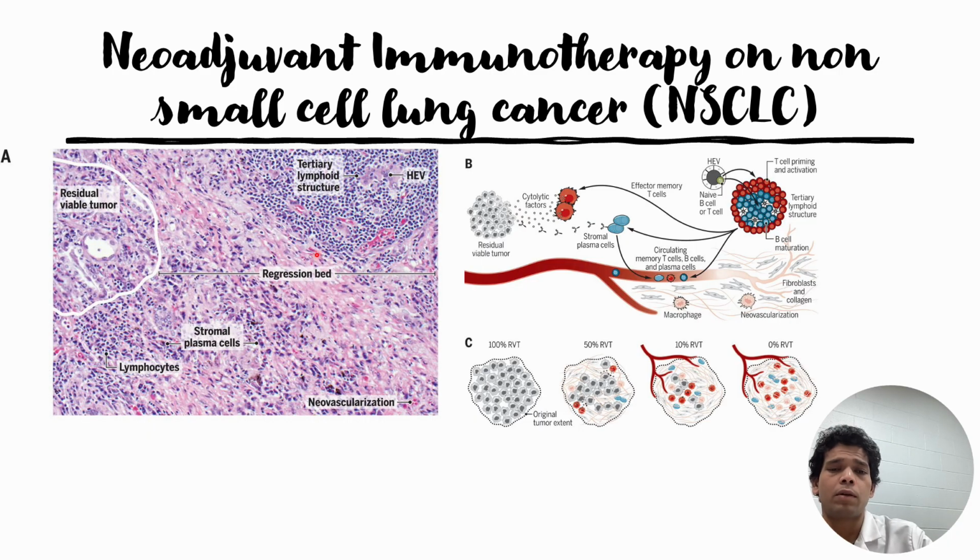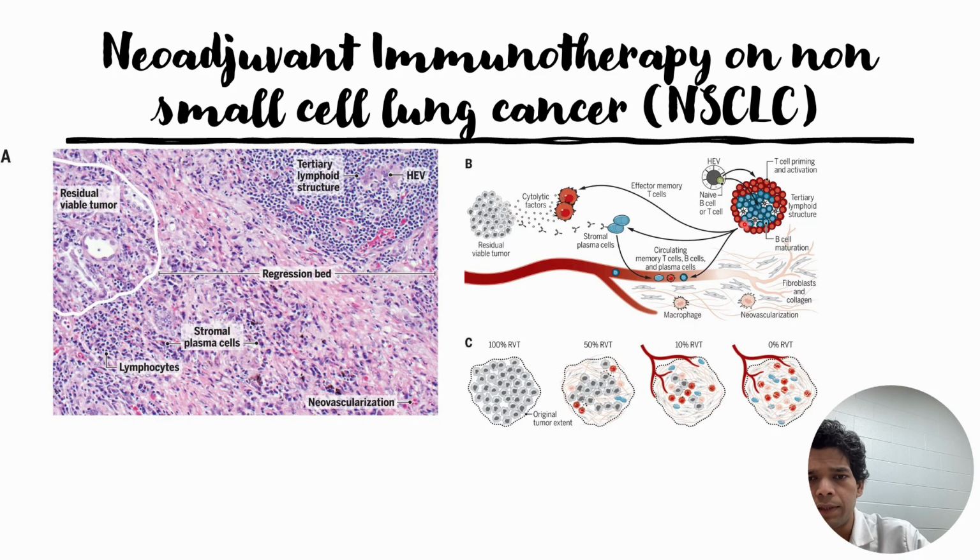The main mechanisms in brief are also shown in panel B, where we can see the HEV. It is the high endothelial venule, and its job is T cell priming and activation.